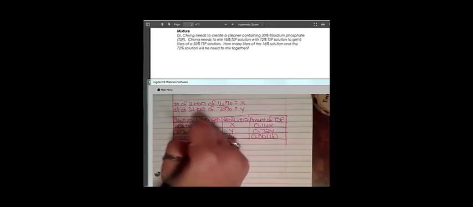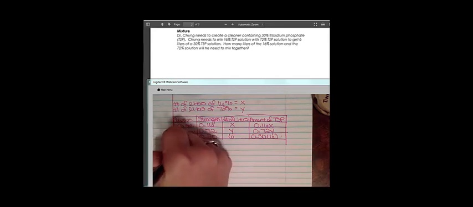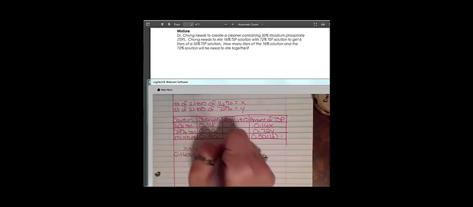So we're saying x plus y equals 6. Similarly, we're saying 0.16x plus 0.72y equals 0.30 times 6. Right there is our system of linear equations.